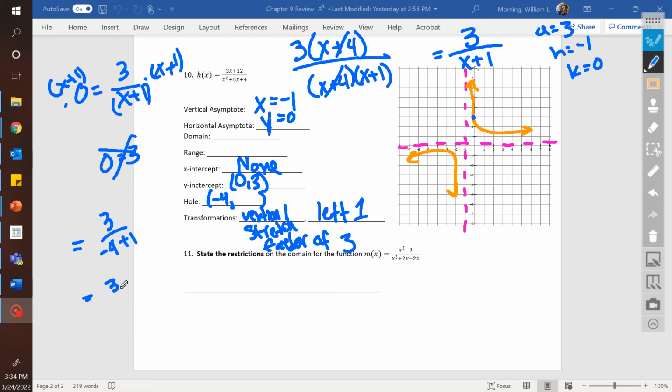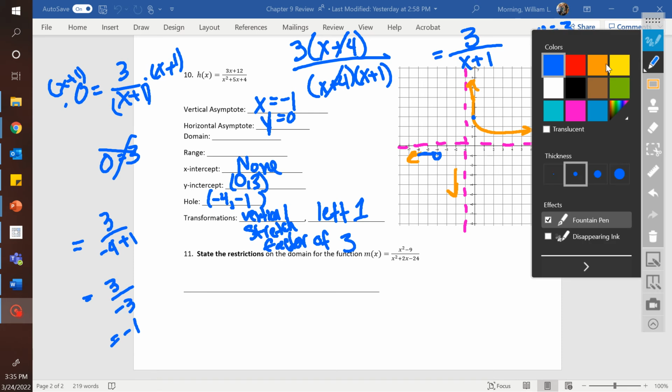And what we get is 3 over -3, or in other words, -1. So our hole is at -4, -1. So I'm going to go to -4, -1, and I'm going to put a hole there. There's a hole right here at -4, -1.